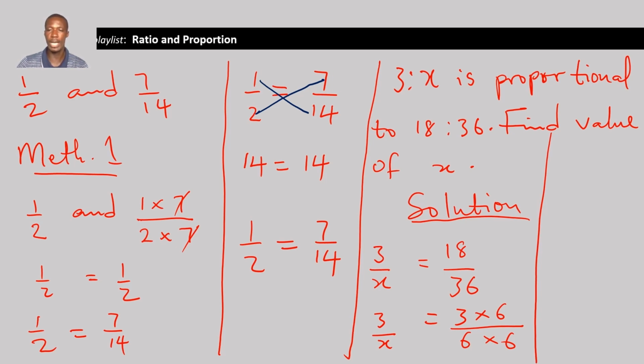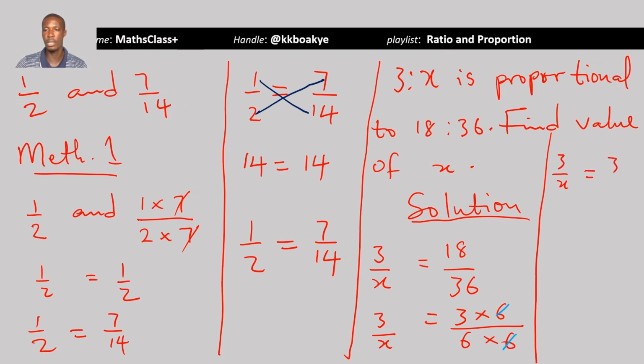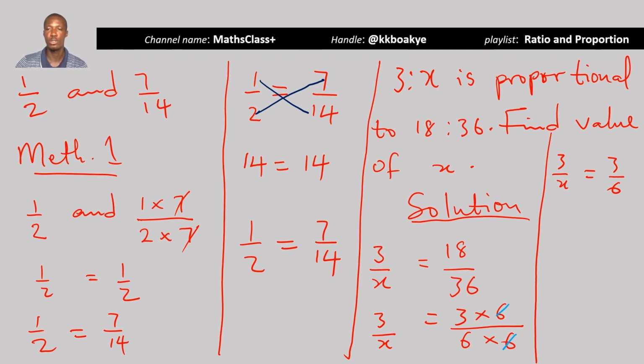When we cancel out 6 and 6, we get a simplified answer: 3 over x is equal to 3 over 6. Once we are told these two ratios are proportional, it means that the numerators are equal, and the denominators are also equal. So our x will be equal to 6.